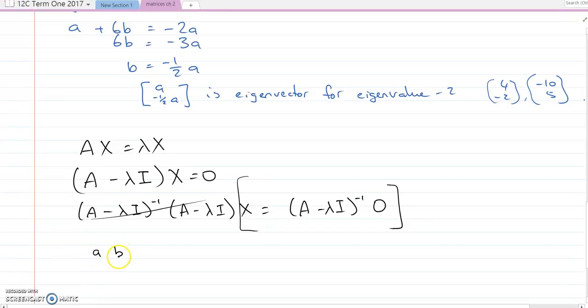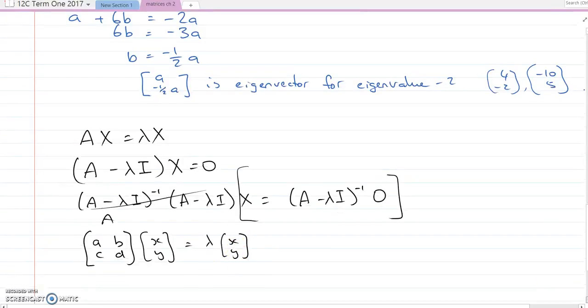Okay, if we have A, B, C, D, this is our matrix A. We times by (x, y), and it's going to be equal to lambda times (x, y), right?